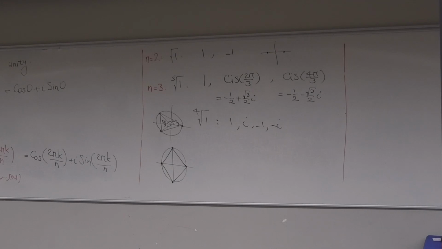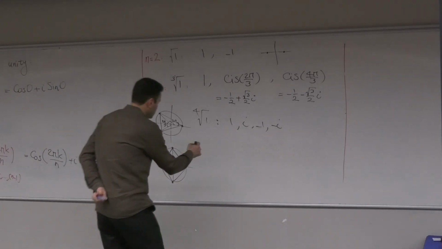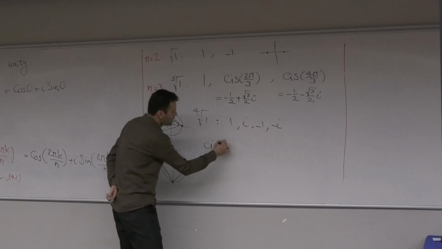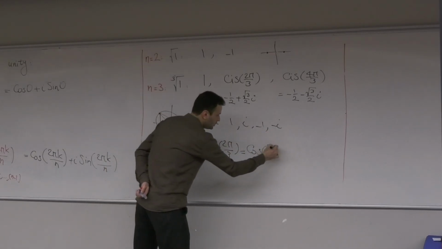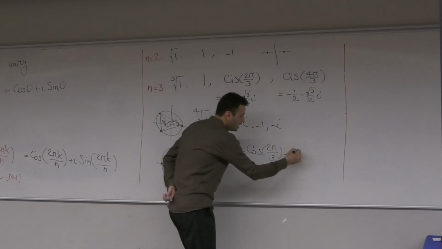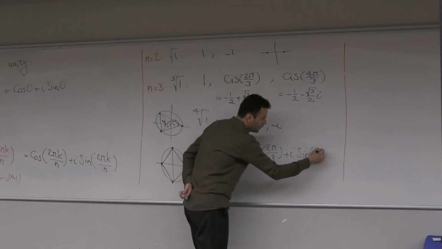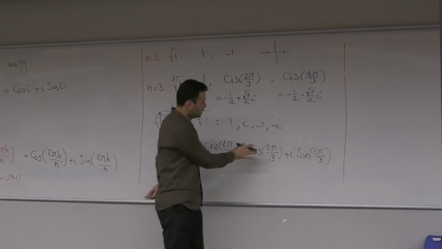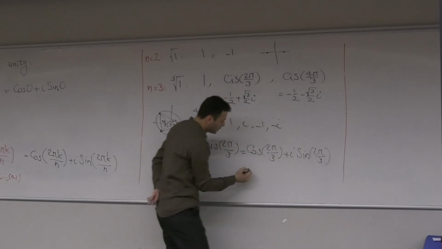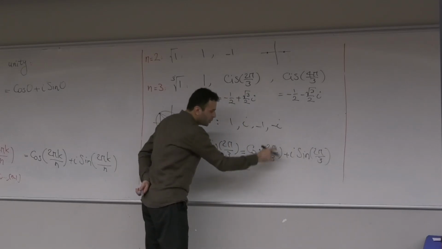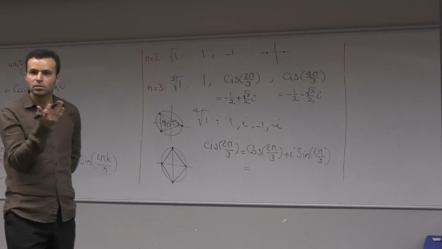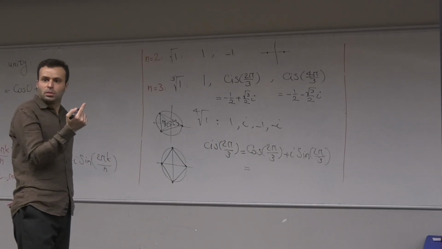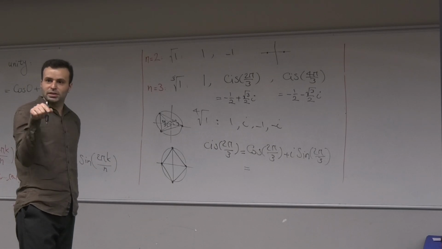Okay, how did you convert cis of 2 pi over 3 to its x and y components? What is cis of 2 pi divided by 3? This is cosine of 2 pi divided by 3 plus i times sine of 2 pi divided by 3, right? This is x plus i times y. What is cosine of 2 pi divided by 3? What is cosine of 120 degrees? Minus cosine of 30 degrees, right?